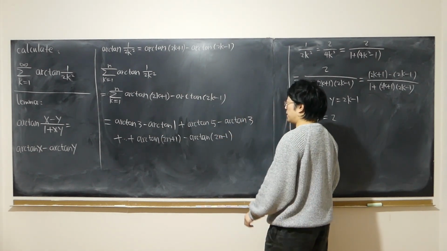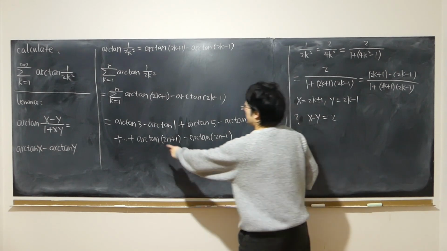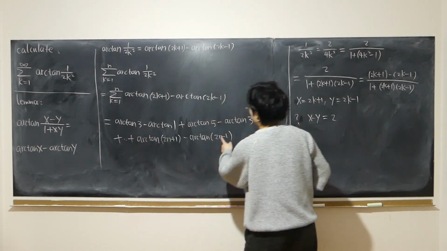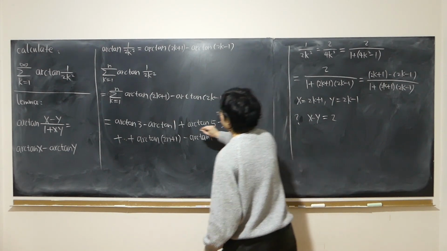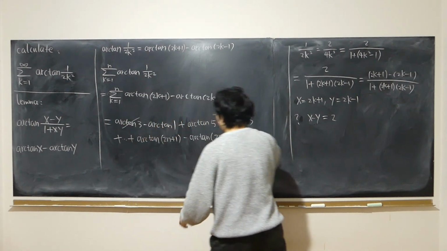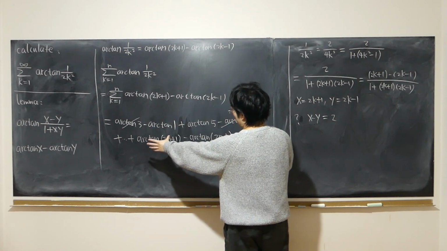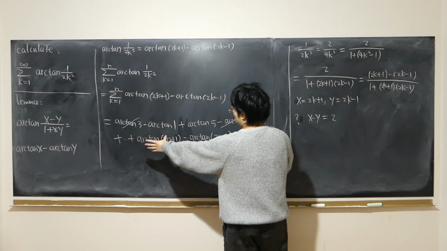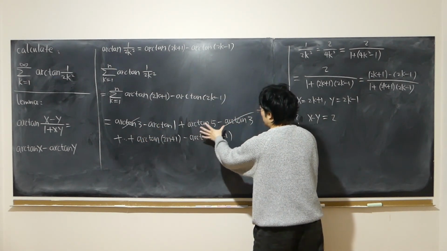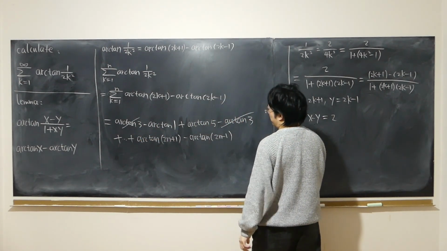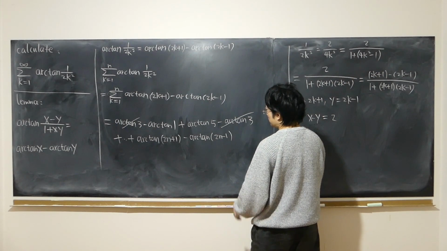So what's the pattern here? Arctangent of 3 and arctangent of 3 just cancel out. So the pattern is simply that the former of the first pair cancels with the latter of the second pair.